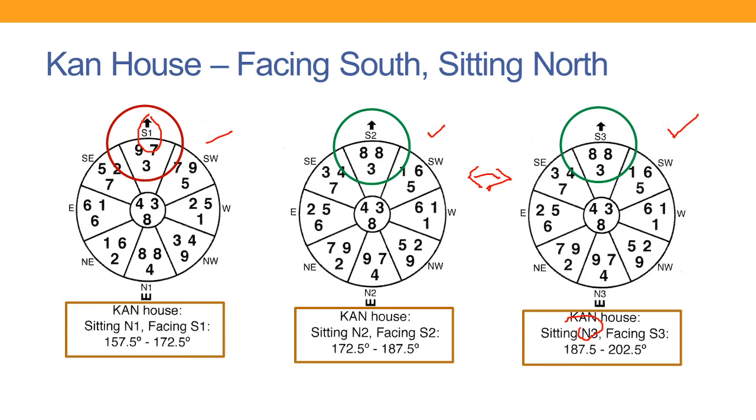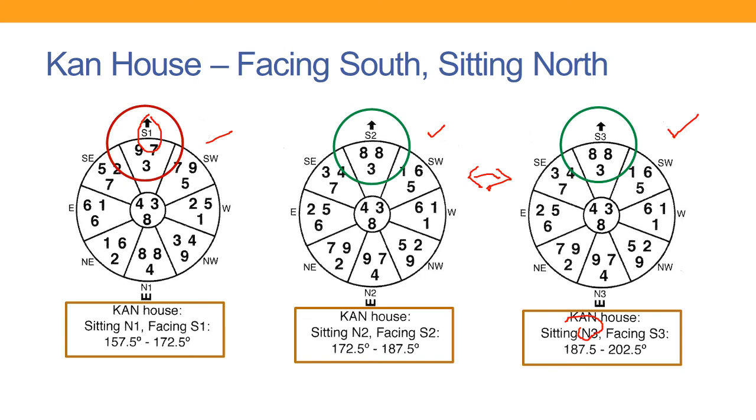Okay, so it's just a short clarification of that, and the answer is yes, with these 2 directions here, you can have the same numbers, but they are facing different directions.